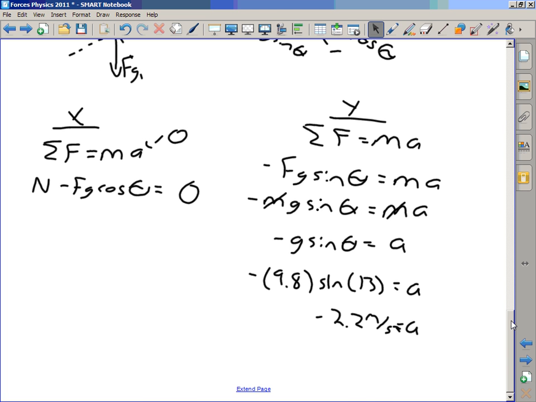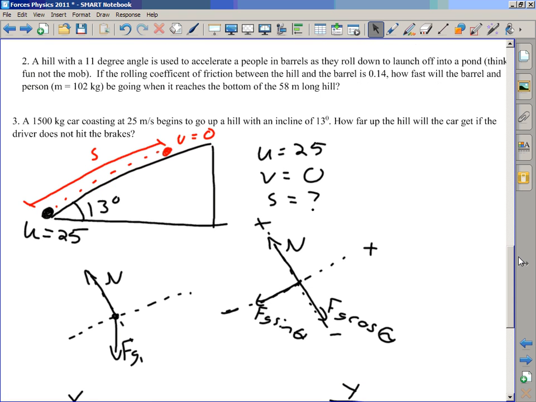This will let me come back up here. Now with this knowledge about a, take a kinematic equation and solve. Notice that my initial velocity is positive. It's going uphill. The acceleration is negative because it's going downhill. That must be opposites. Take an equation to solve for s.